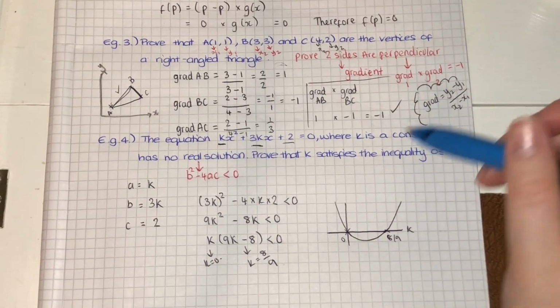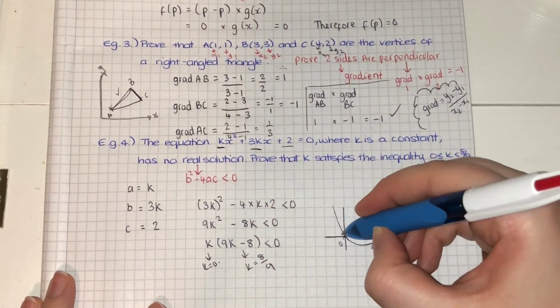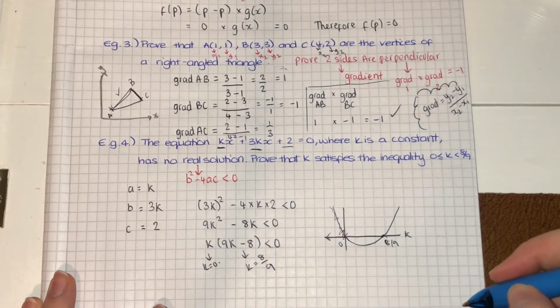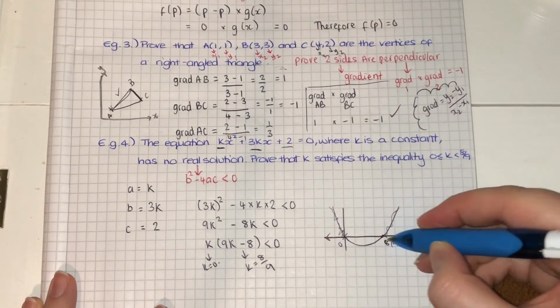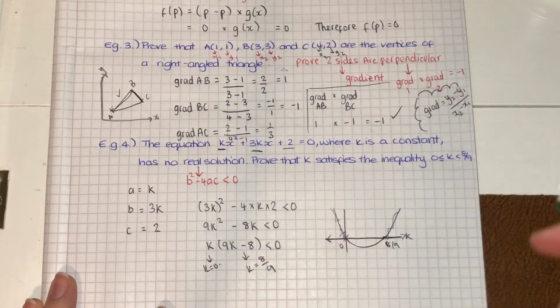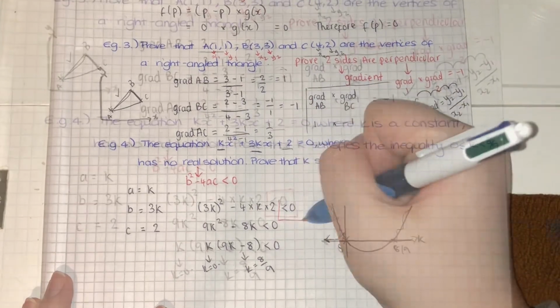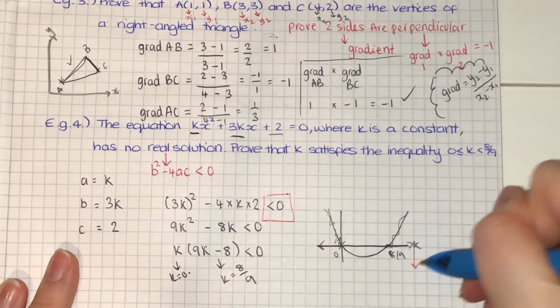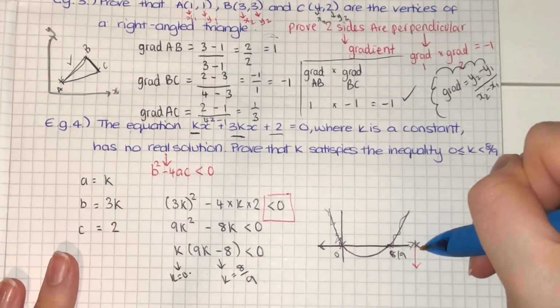So we need to work out whether we want the solutions that will carry on going up here, so whether we want stuff that's less than 0 and bigger than 8/9, or if we want the bit below. Now the way we can tell is from this part. Because this is less than 0, that means we want everything below this line of k.